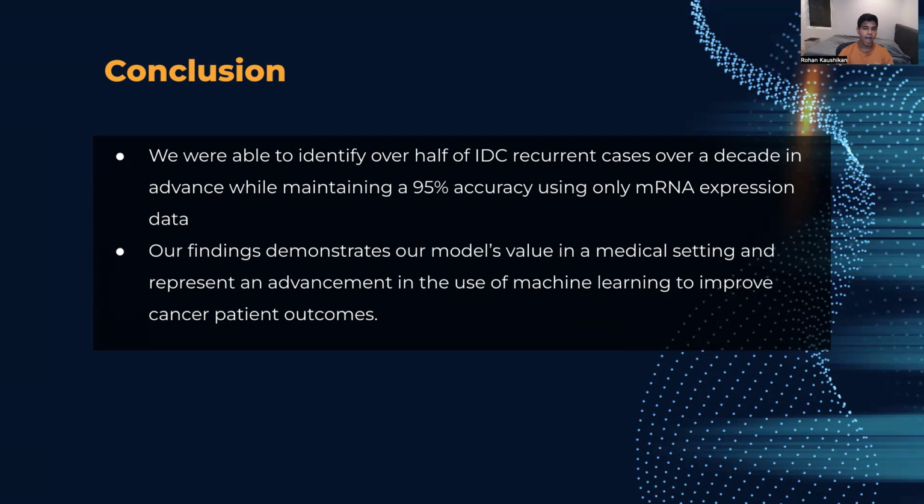And catching over half of those cases very, very early is still tens of thousands of people whose lives can be improved ultimately. Our findings show the value of our machine learning model in a real medical setting, and also demonstrate the use of machine learning in general to improve prediction or diagnoses of diseases.